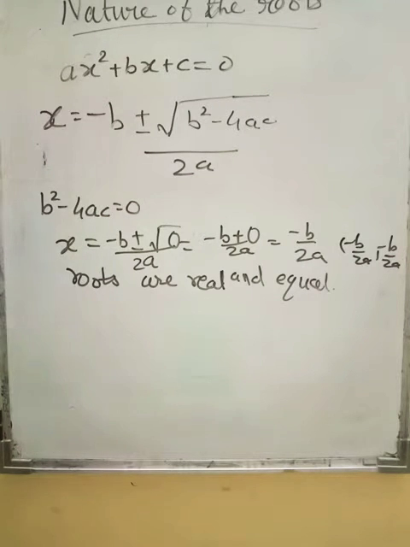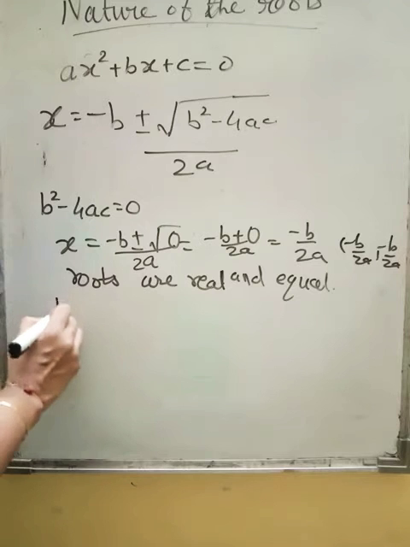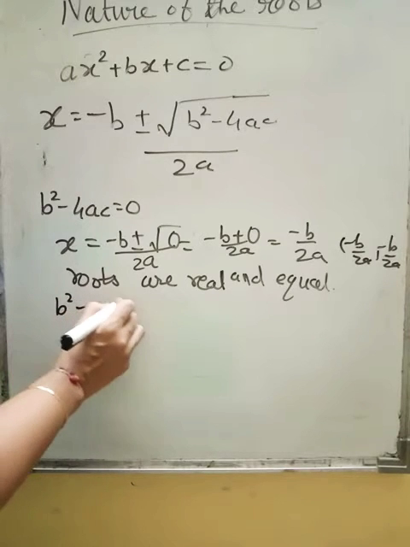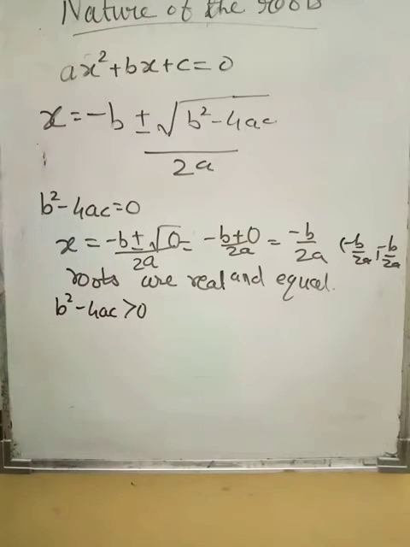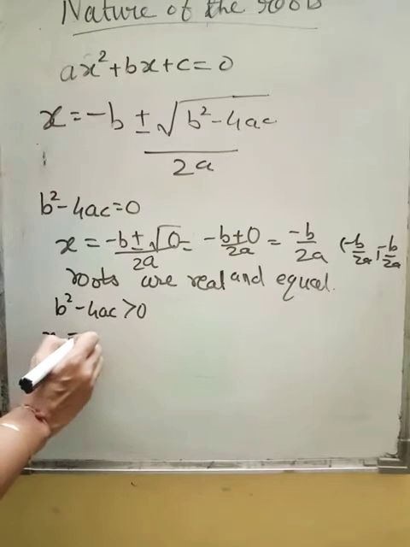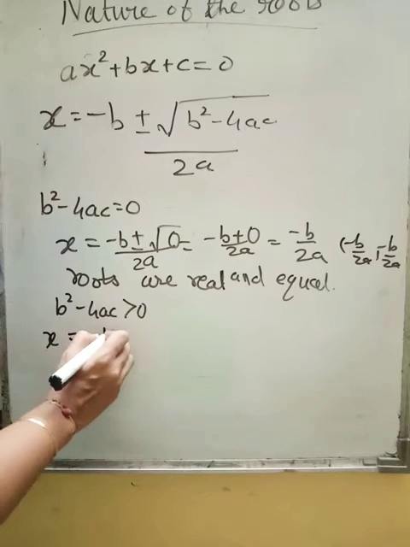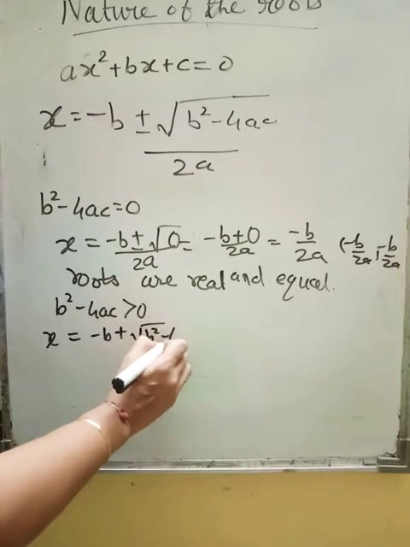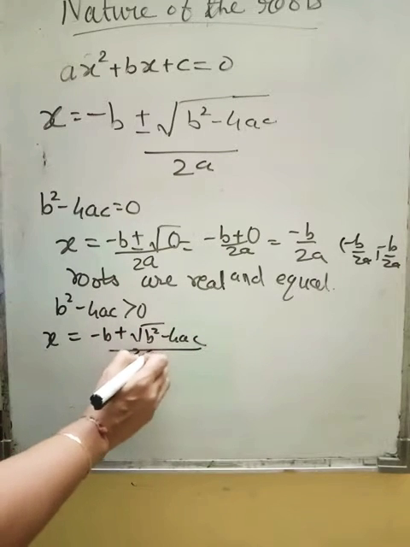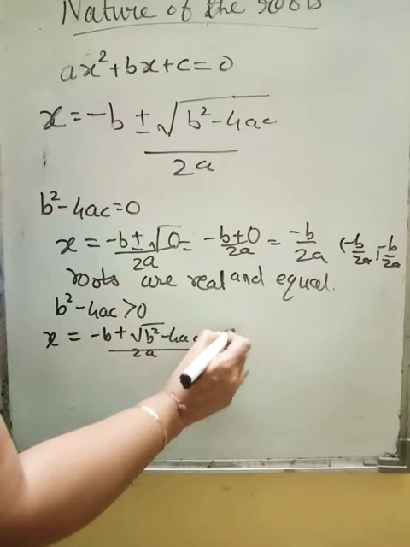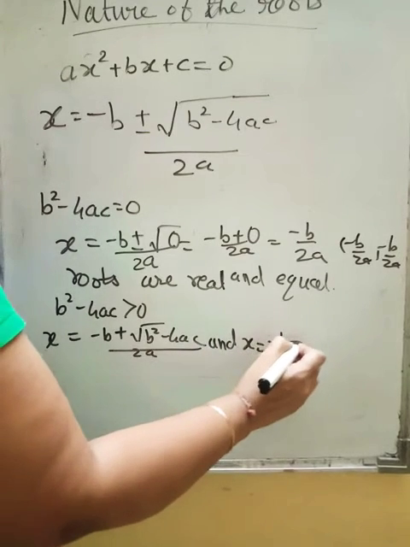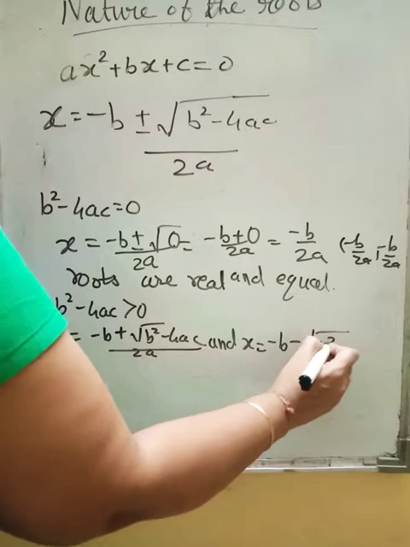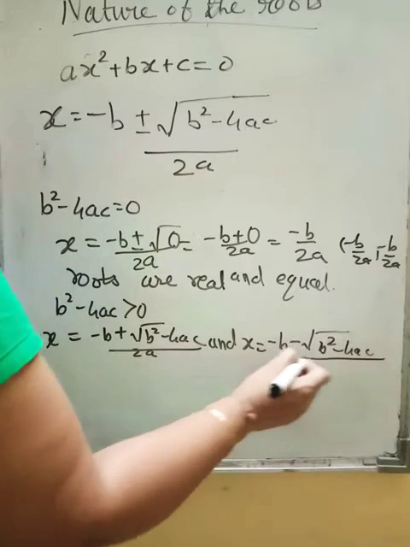Right? Now let us see what will happen if b square minus 4ac is greater than 0. So obviously you are going to have x equal to minus b plus square root of b square minus 4ac upon 2a, and x equal to minus b minus square root of b square minus 4ac upon 2a.